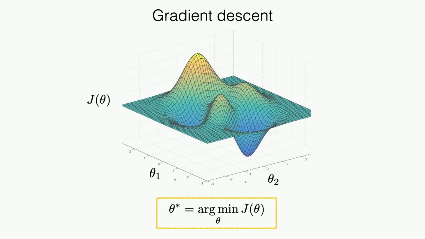The way gradient descent works is we have this cost function j, this loss function that we're trying to minimize with respect to the parameters theta of our neural network. We initialize our neural network with some setting of parameters, and then we simply take a step in the direction of steepest descent, which is just the gradient of this cost function j.